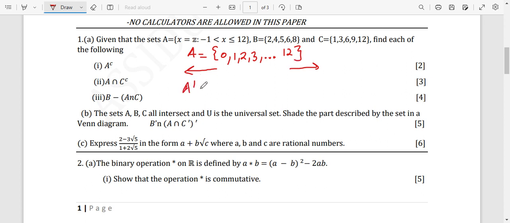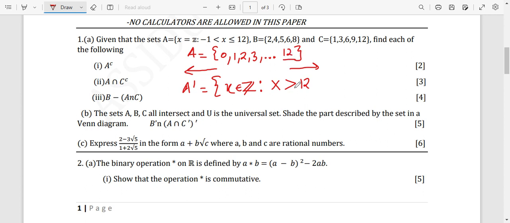Therefore A complement is going to be: x is a member of the integers such that x is greater than 12. Now I've said greater than 12, I'm not including 12 itself.